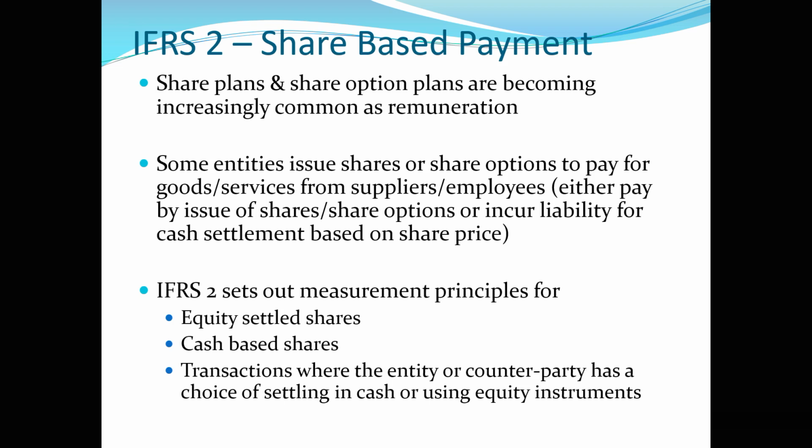We have the equity settled share-based payment and the cash settled share-based payment. And then the third one is the transactions where the entity or the counterparty has a choice of settling in cash or using equity instruments.